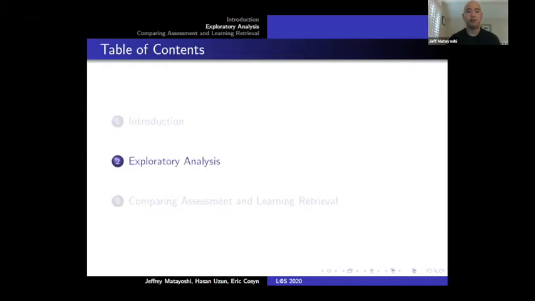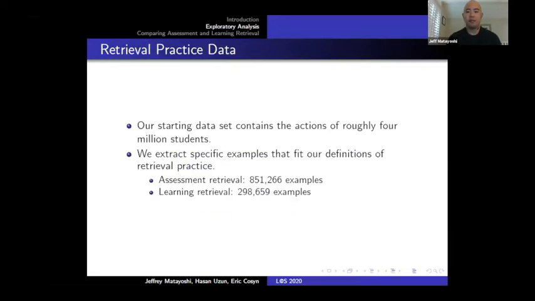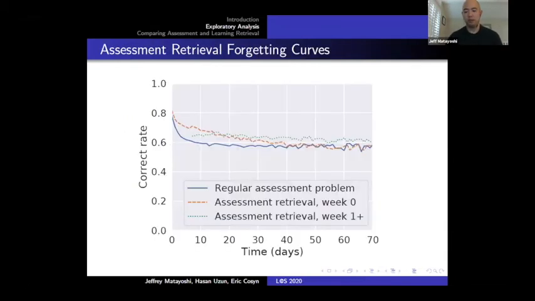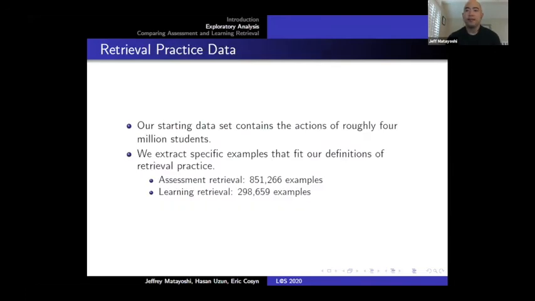Okay, so we'll first look at some plots to get a sense for what's going on with the retrieval practice. This is all observational, and our starting data set consists of the actions of roughly 4 million students working within the ITS.